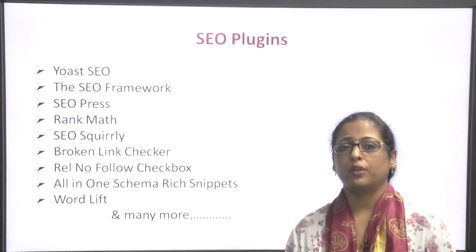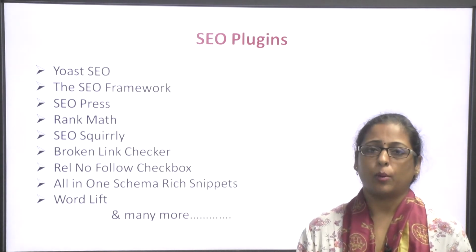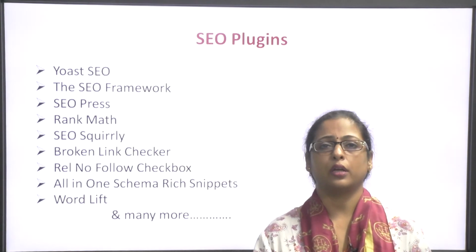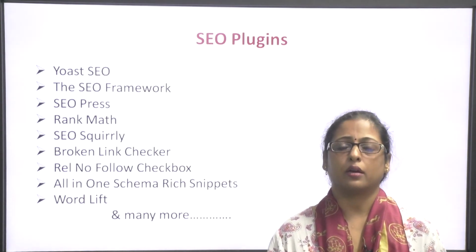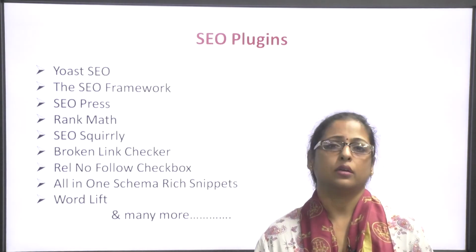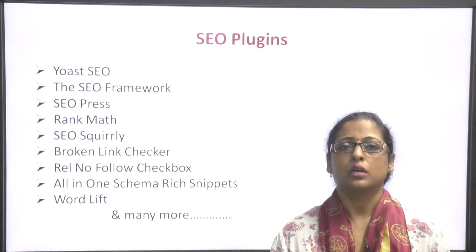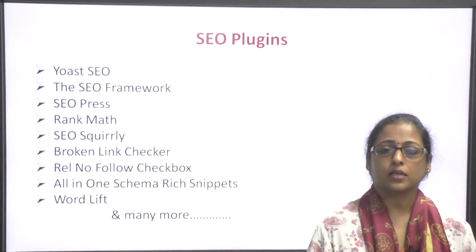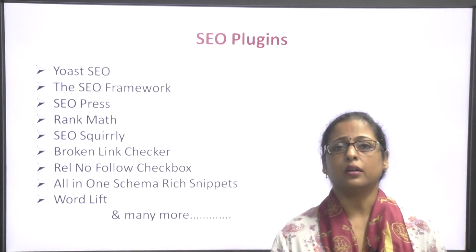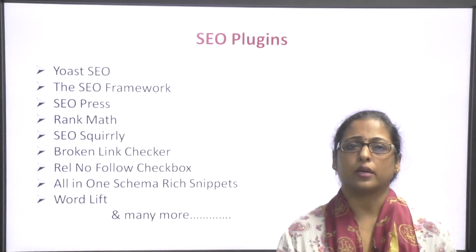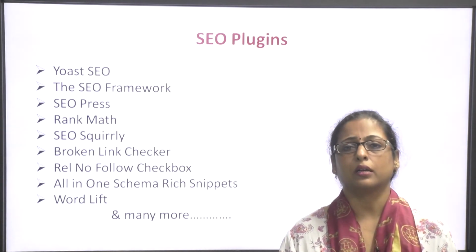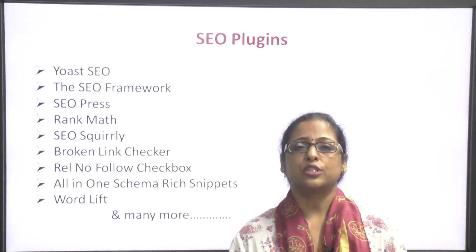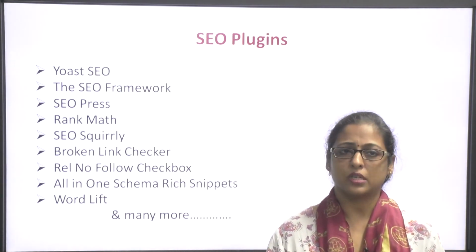So, once we have understood about the content planning and how to optimize, and the various methods through which it can be optimized, we should now also understand about search engine optimization plugins. As we had discussed earlier about the various WordPress plugins, we understood that plugins basically are small programs which are attached to the content and which improve the searchability.